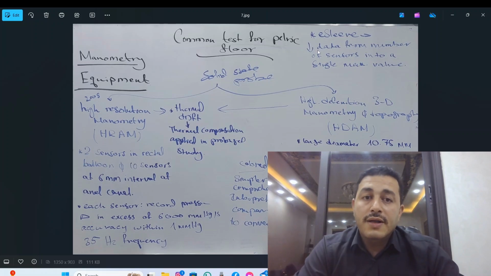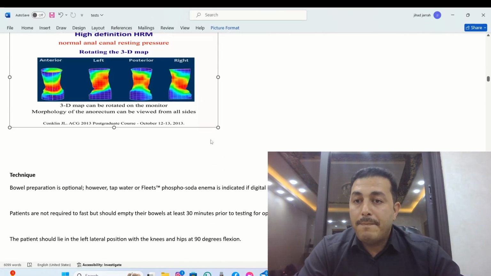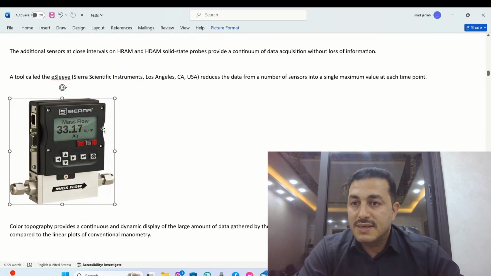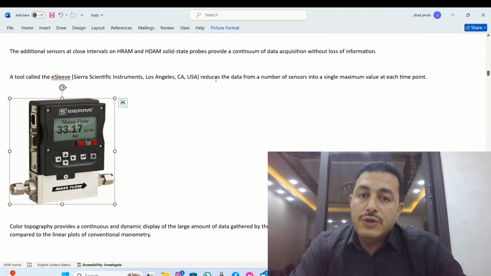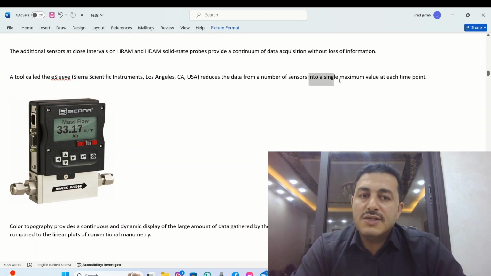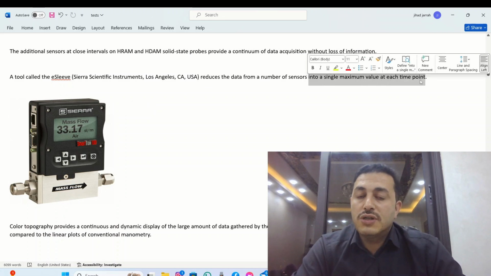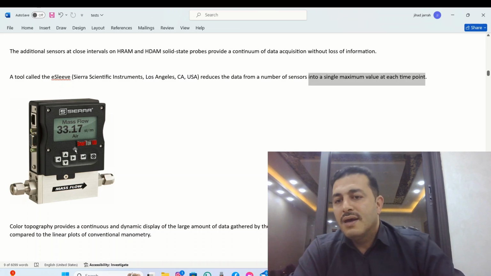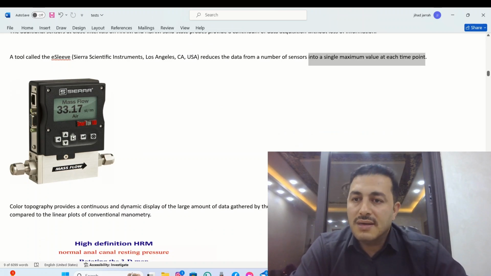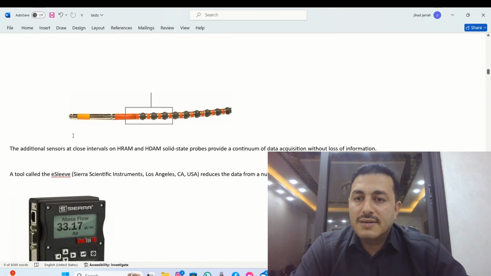This is the rule: it decreases data from a number of sensors into a single maximum value and gives you the best results. This is what we call the e-sleeve. It reduces data from a number of sensors into a single maximum correct value for each time point, like analyzing the result.